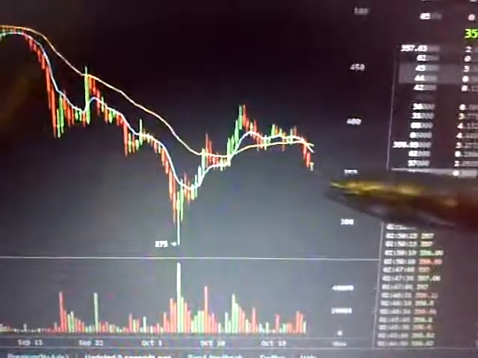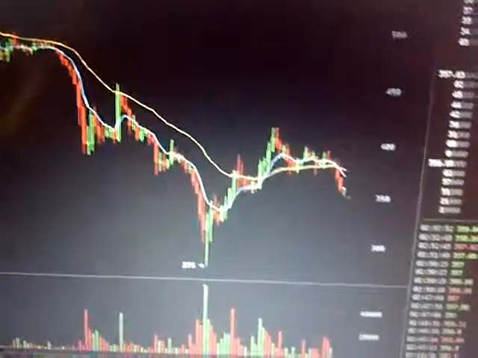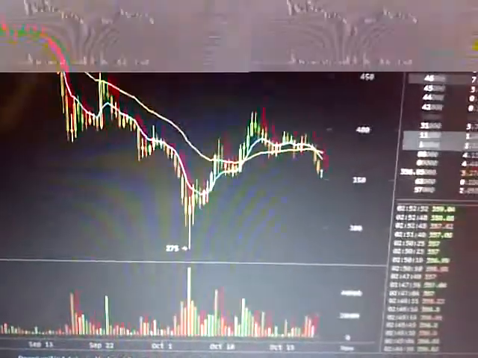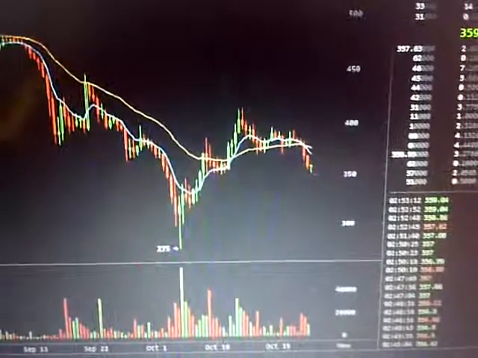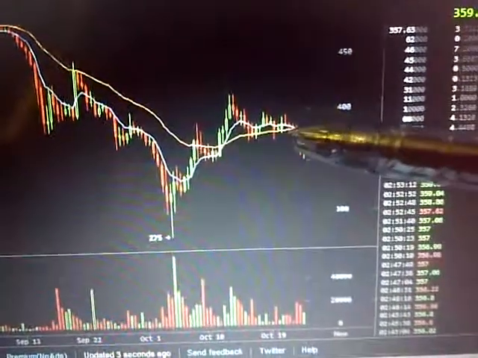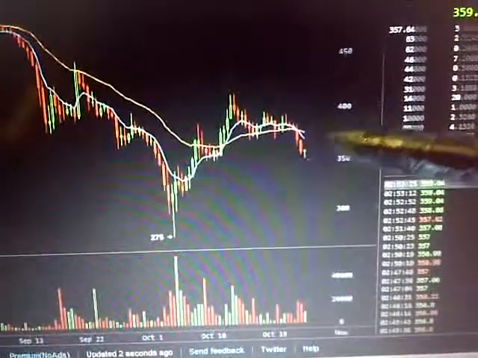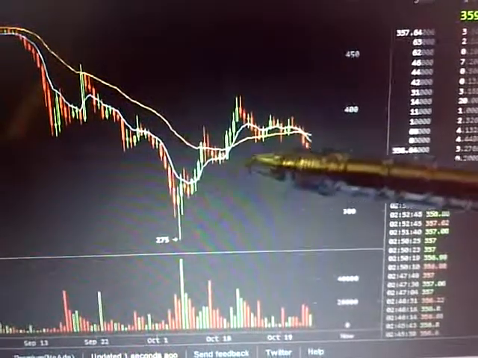So you may see these cross up and down for a while. When you see that, that's an indication that there could be a possible trend reversal. So it'll do that.